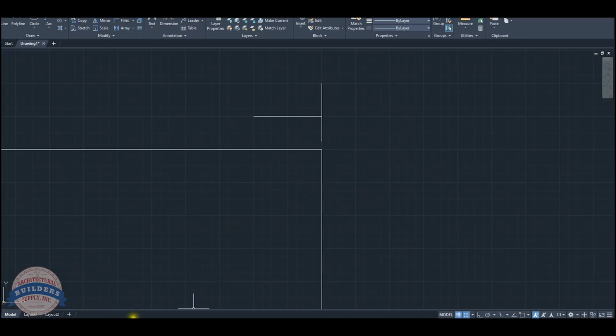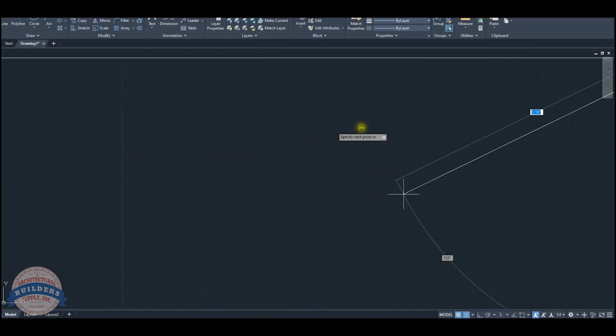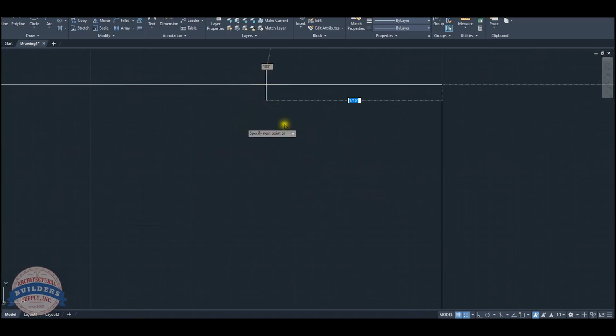So I'm going to draw a line from here, and I'm going to go over 1/8 of an inch. And the point of that is I can see where my line's going to end. My line's going to end right here, right below the 180.